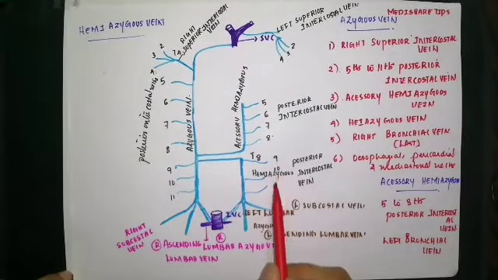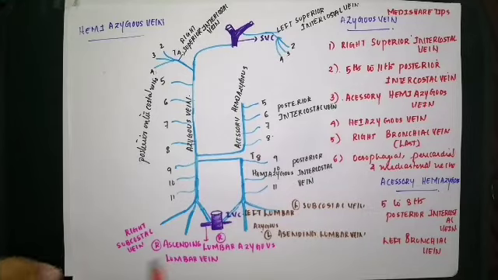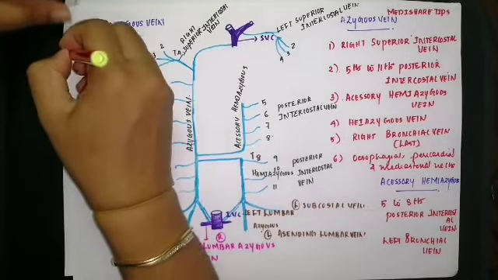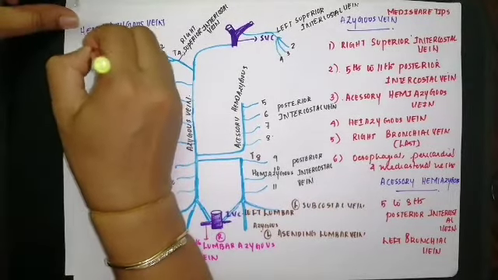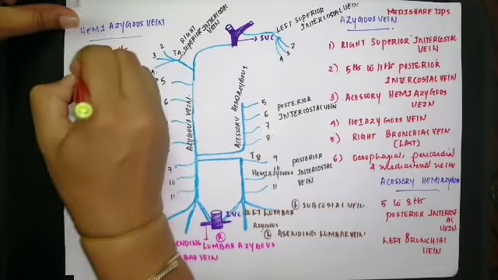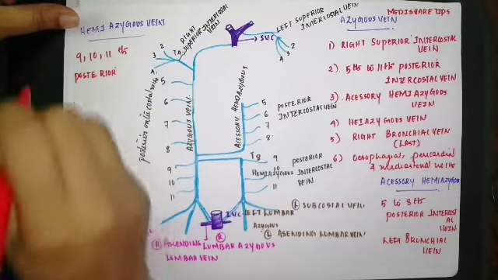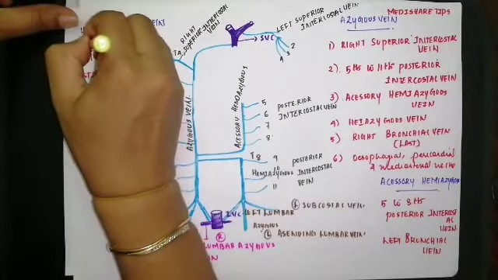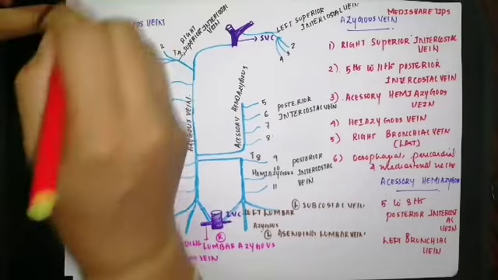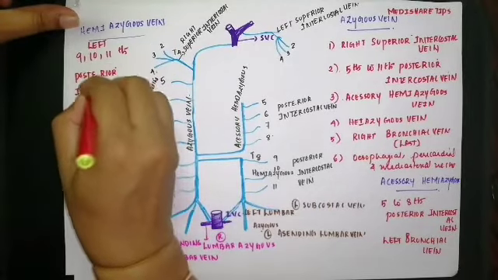The 9th, 10th and 11th posterior intercostal veins are draining into the hemiazygous vein.